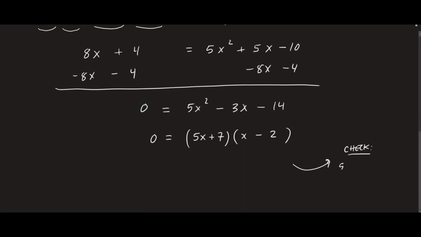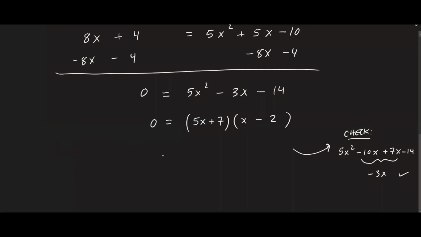So to the first term, when I redistribute, I get 5x squared, and then 5x times negative 2, that's negative 10x, and then 7 times x, that's 7x, and 7 times negative 2, that's negative 14. So the middle term happens to be negative 3x. Check. So these are the factors that will solve this quadratic. Now that we have successfully come up with our factors, we set each one of them equal to 0.